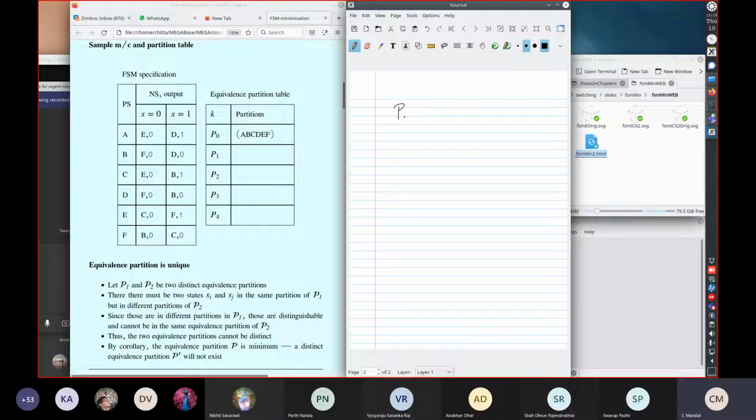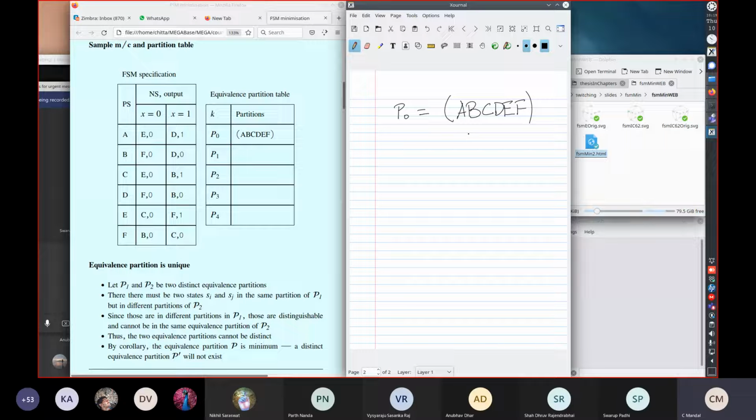To start with, you assume that all the states could be equivalent.